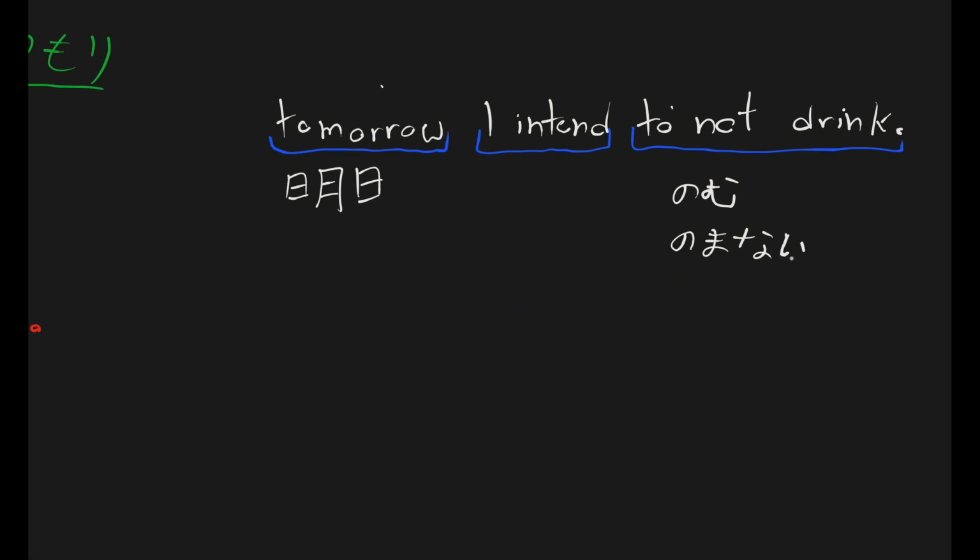So nomu to nomanai. And that is how you change the u verb or godan verb to a negative. So nomu to drink, nomanai to not drink. So now that we have all that, how do we form the sentence? If you want to pause here and translate yourself before I translate it, go ahead. But we're going to start. We're going to start with ashita wa nomanai.